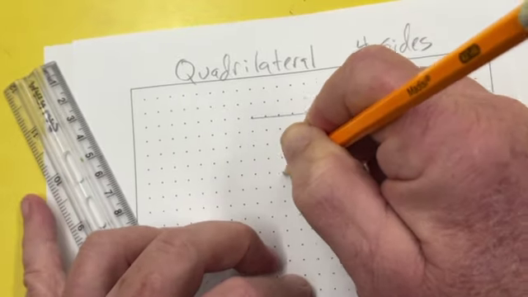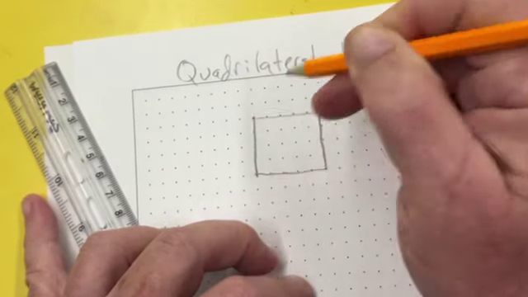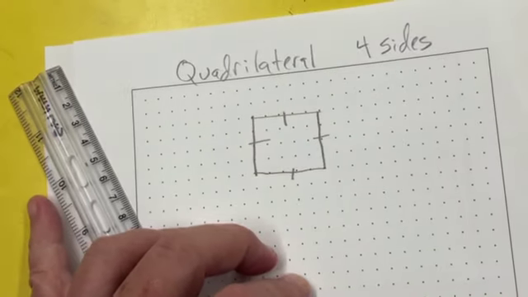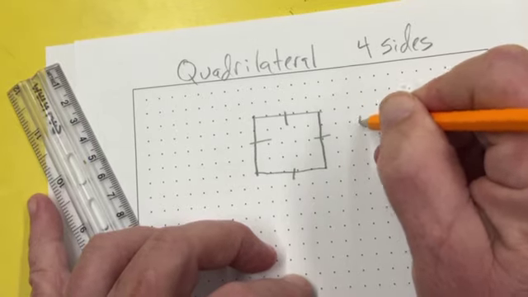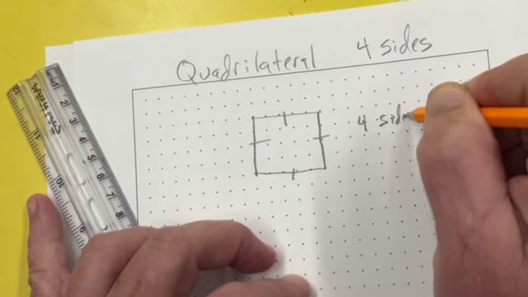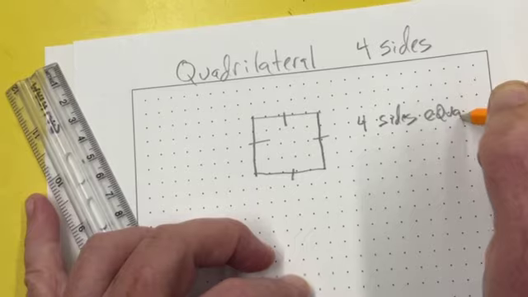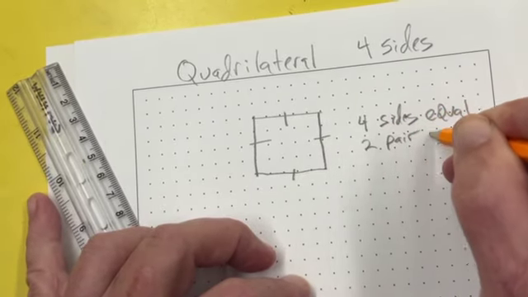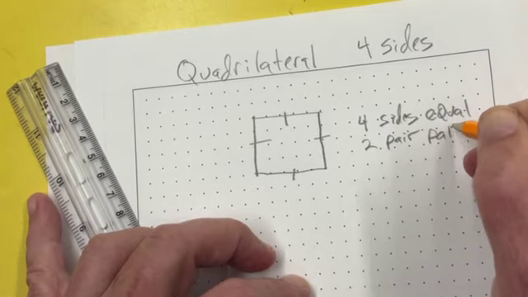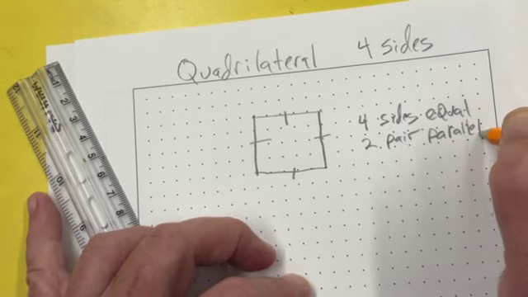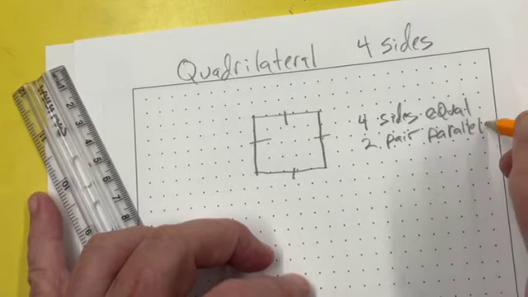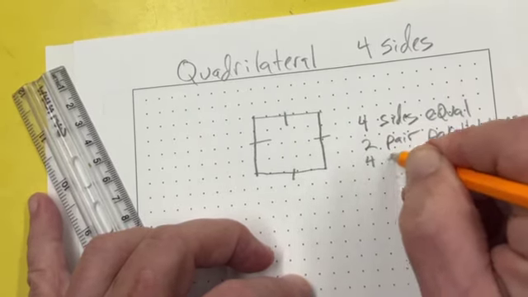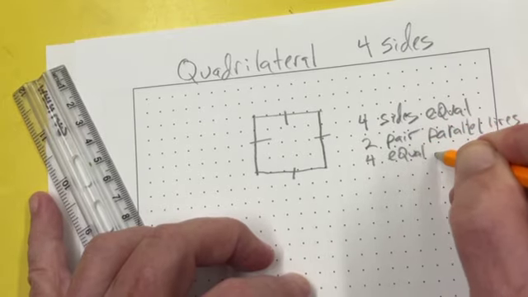And so, for example, and my drawings won't be perfect, but if we have one that looks like this, where all four sides are equal, and we have two pair of parallel lines, and we have four equal angles.